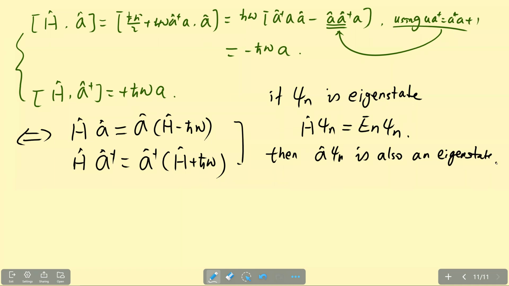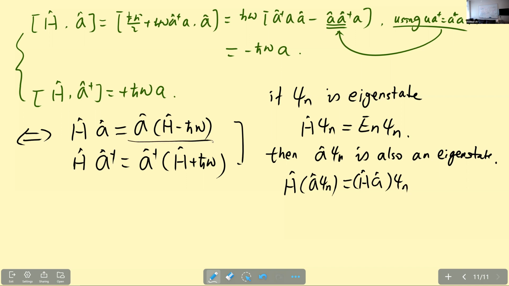Okay, let me show this. So what you need to do is to look at this. What's the result, right? Okay, so this one, of course, can be written as this. And then you use this commutator between the two. So it can be written as okay. But remember, this one is the eigenstate of the Hamiltonian.